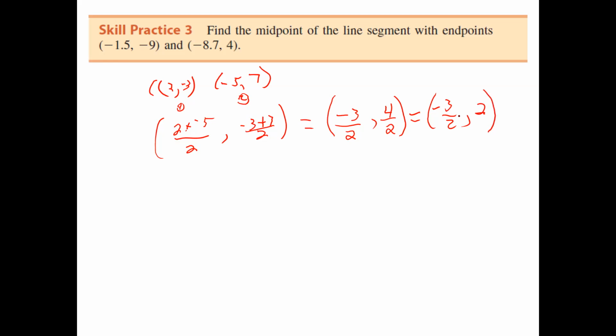So this would be the midpoint for this particular problem. That one up here would be worked the same way, except we've just got a little bit more complicated numbers.